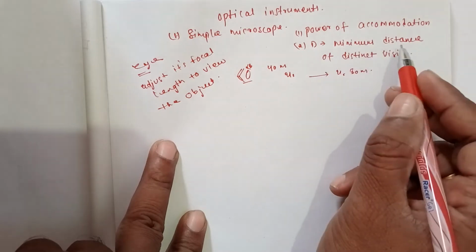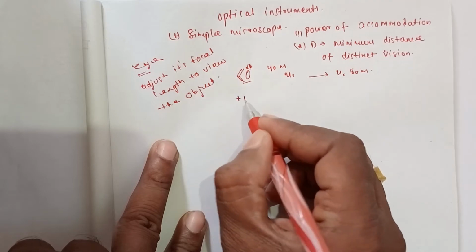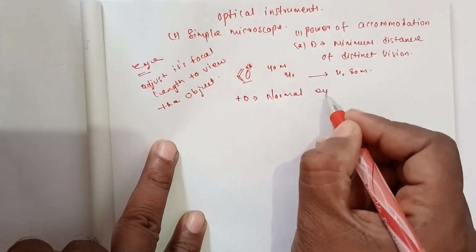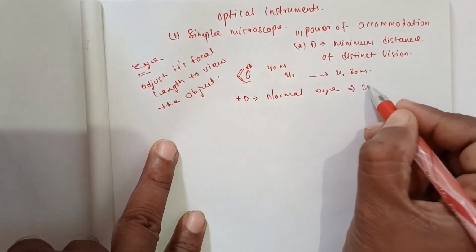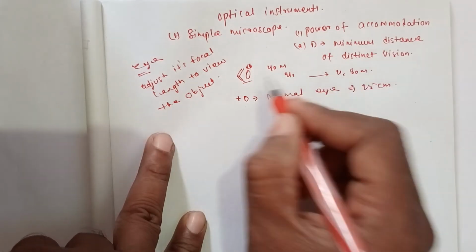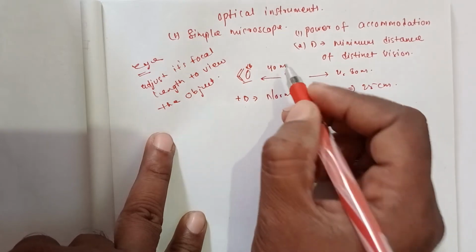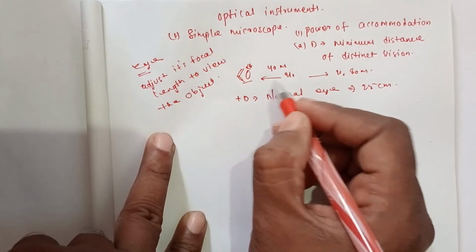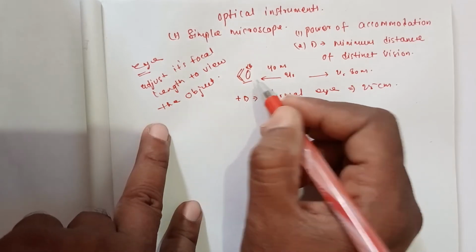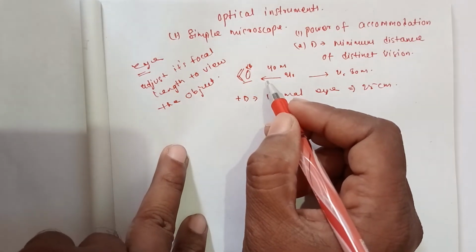And the next one is the minimum distance of distinct vision, that is D, for a normal eye. Normal D is 25 centimeter. Means if you take the object from 40 centimeter nearer to the eye, 30 centimeter, then 28 centimeter, then 25 centimeter, then 20 centimeter, before 25 centimeter it can see the object clearly.